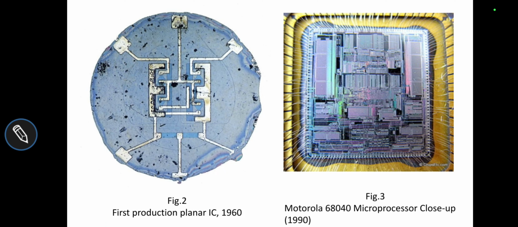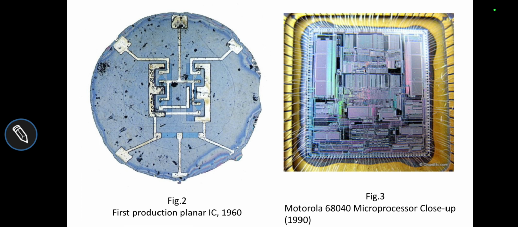But the fabrication of ICs was very costly when compared to BJTs in the earlier days, that is the 1960s. So the BJT came into the picture and was used very much in designs. Later, as time progressed, high-end machinery came into the picture.